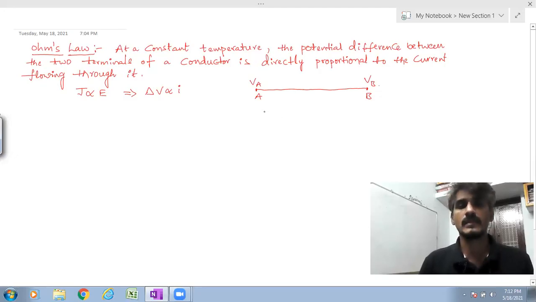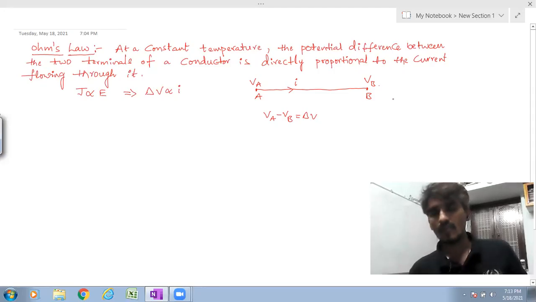That is VA minus VB. That is nothing but potential difference. And that will be directly proportional to the current flowing through it. Assume that if delta V, the potential difference, is 3 volts, we are connecting simply that wire to a battery.